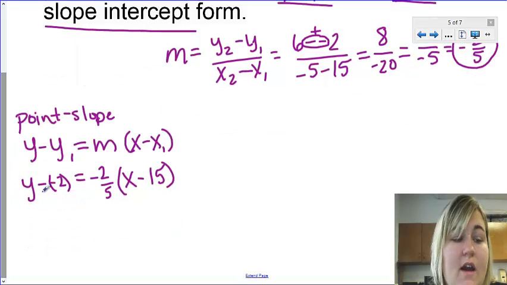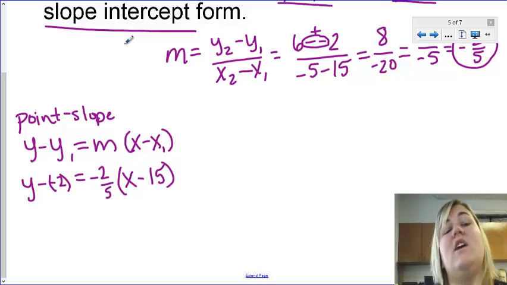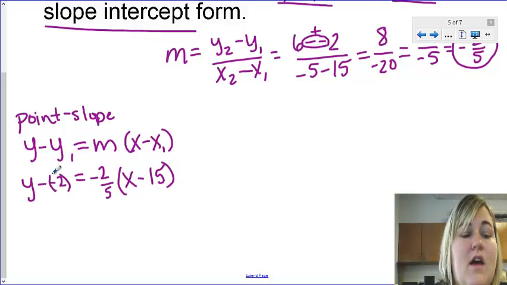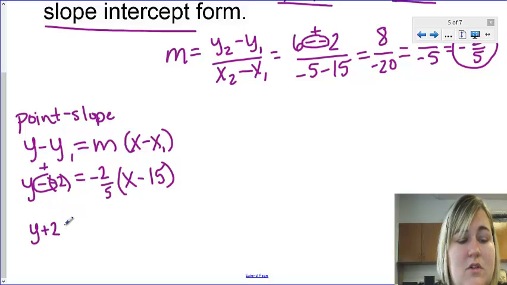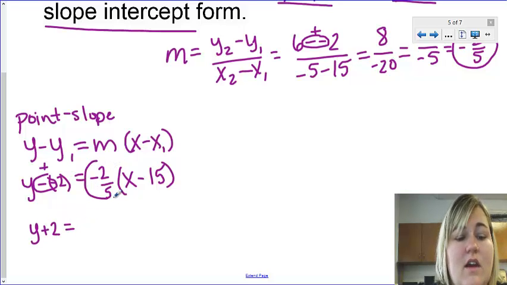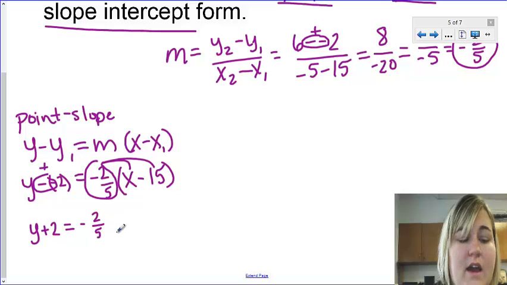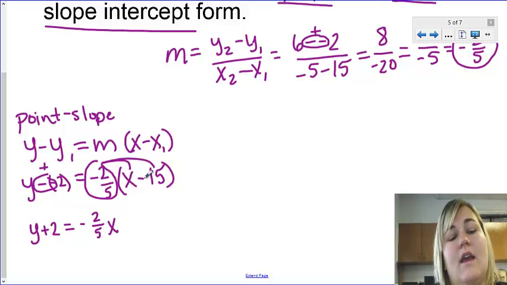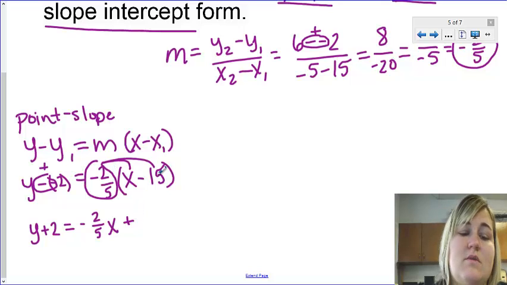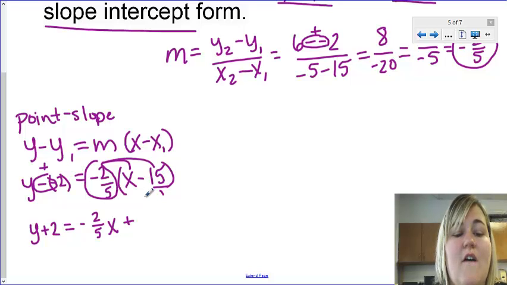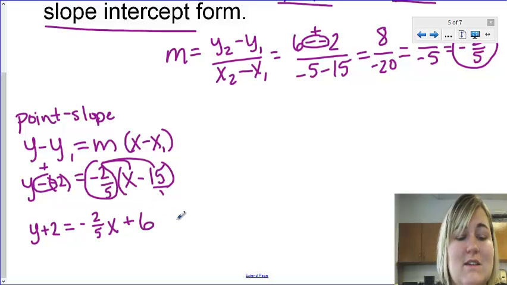Okay, so now I want it in slope-intercept form, so I can change this to make that happen. I know that these double negatives are going to give me a positive, so I have y plus 2 equals, and over here I can distribute this slope to everything inside the parentheses. So I have -2/5 x, and then negative times a negative is going to give me a positive. 2 times 15 is 30, over 5 gives me 6.